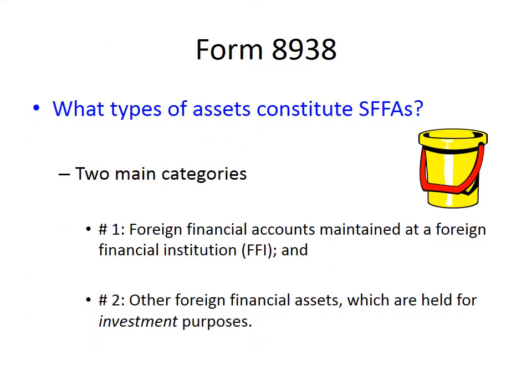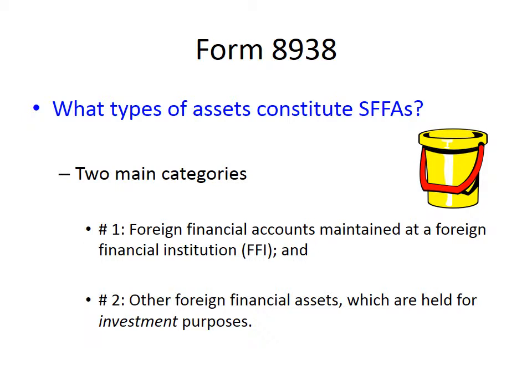So what types of assets constitute specified foreign financial assets? As you can imagine, the list is expansive. And the way I approach something like this, what I generally do is try and put things into categories.